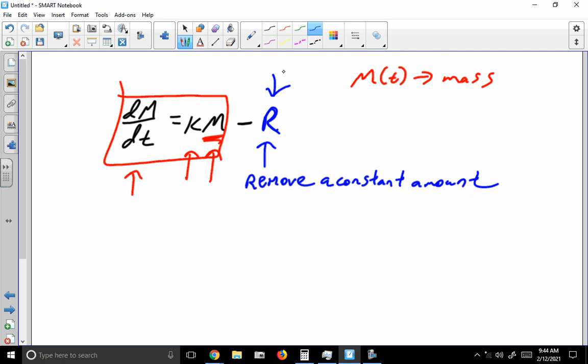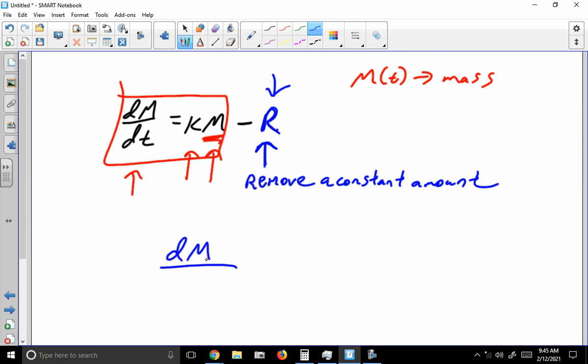So R is not dependent on T. R is just a constant in this situation. Now, we could have a situation where at different years we're removing different amounts of fish. But here, we're planning on removing the same amount of fish each year, and we want to see what happens when that occurs.